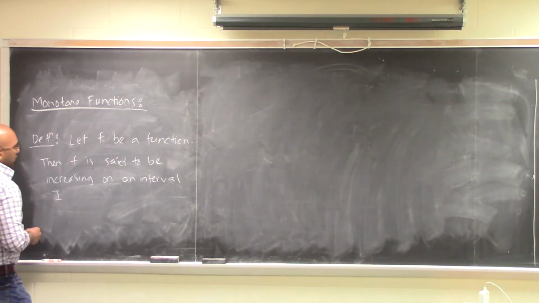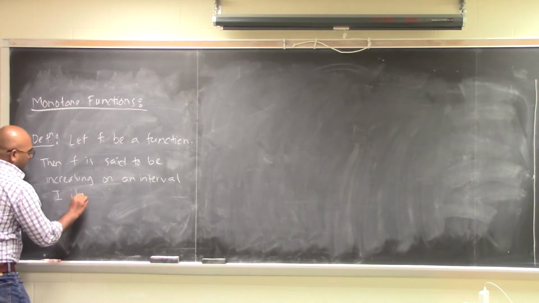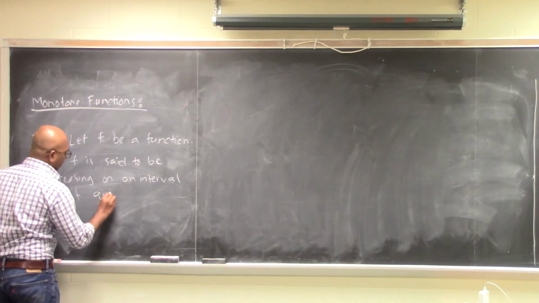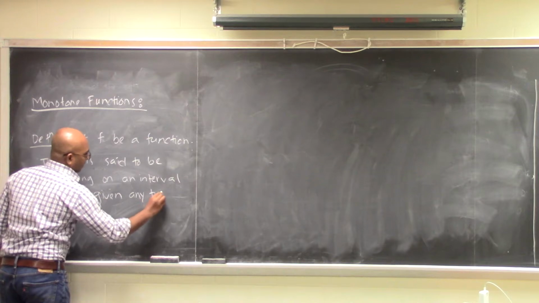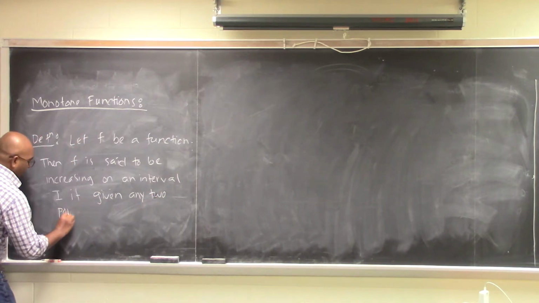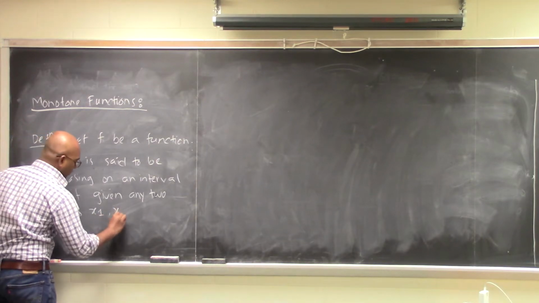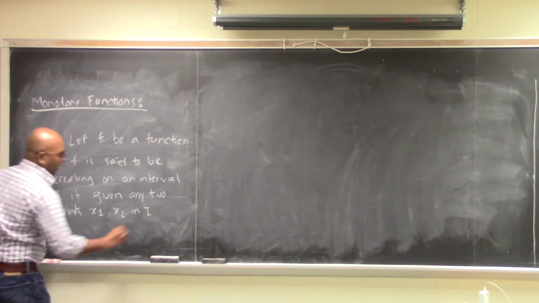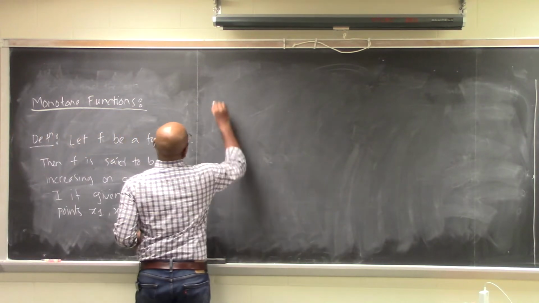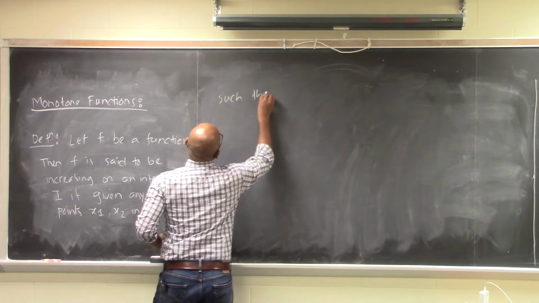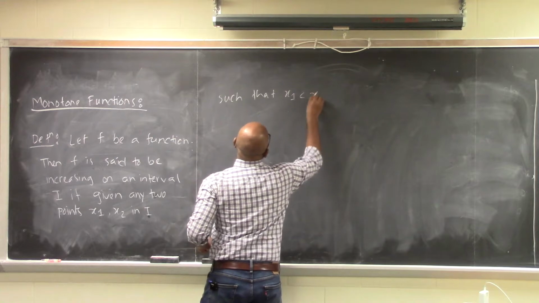Let f be a function, then f is said to be increasing on an interval I if given any 2 points, let's give those 2 points names x1, x2 in I. Now, as I said, there should be some relation between those two inputs such that x1 is less than x2.